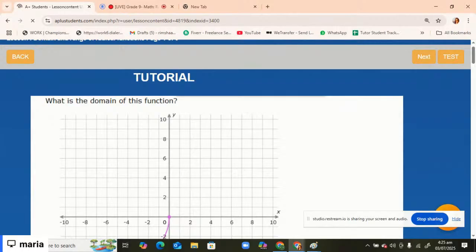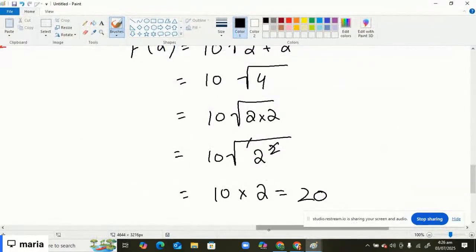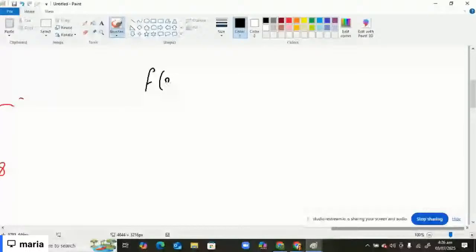All right, let's suppose you have a function. I'm going to write it down here. If you have a function f of x is equal to the square root of x minus 2, what does it mean?